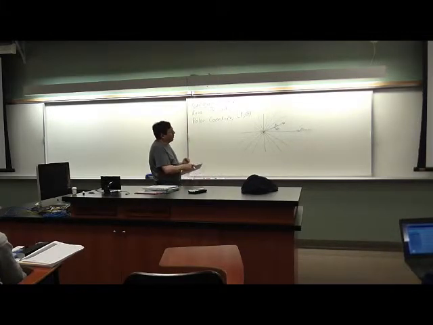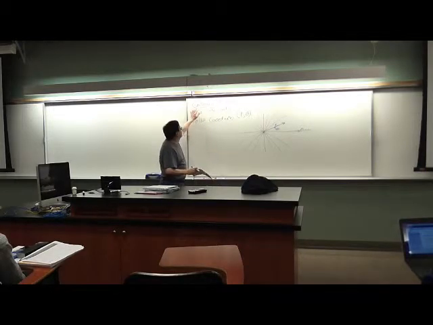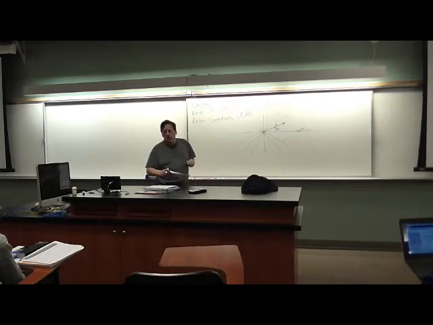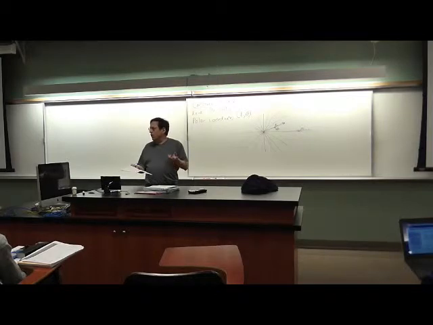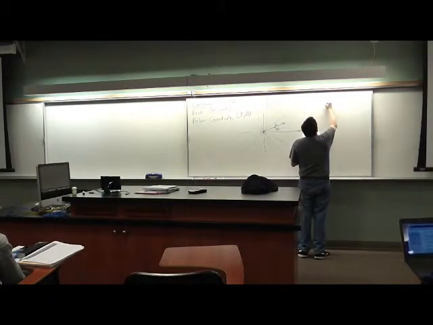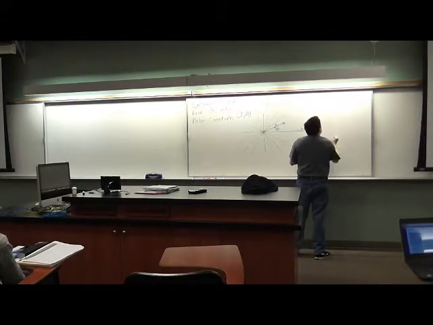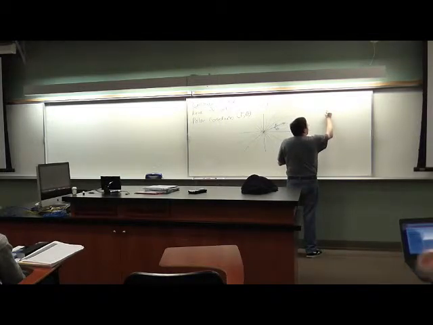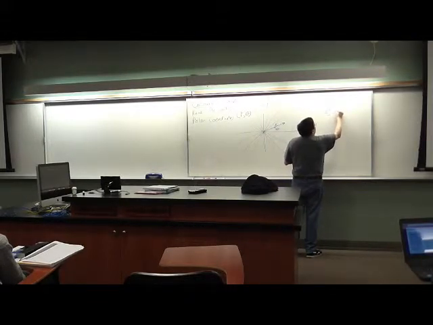Now, one very, very, very important difference between polar coordinates and Cartesian coordinates is that polar coordinates are not unique. So, for example, let's say pi over 2, 5. That's the same as 5 pi over 2, 5.